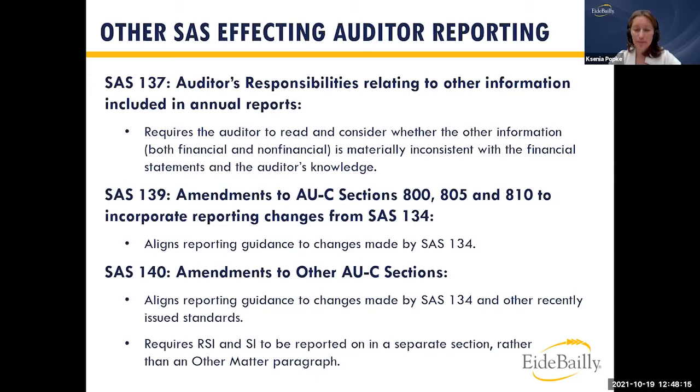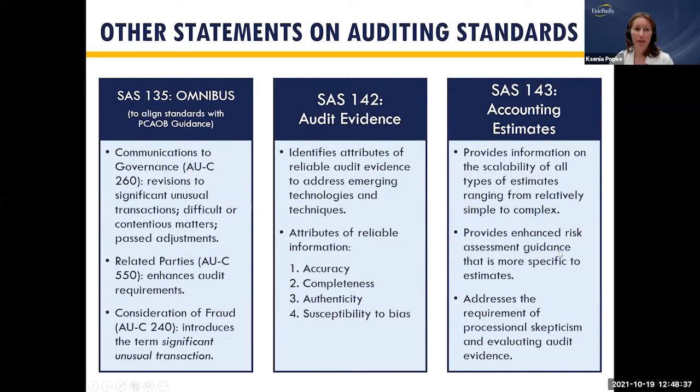Sometimes we are engaged to perform audits of not the entire set of financials, but only of certain single financial statements or a very specific element. So all of these various new auditing standards align the new reporting with the overall SAS 134.